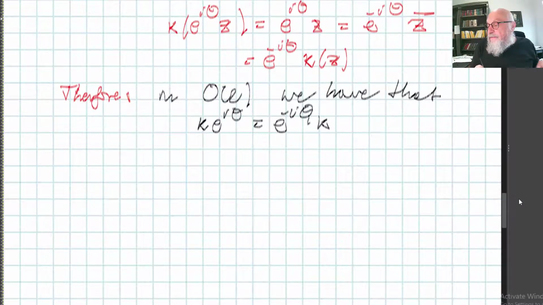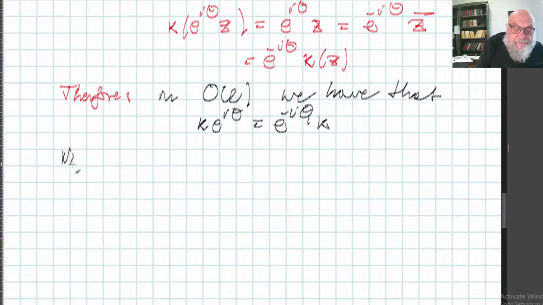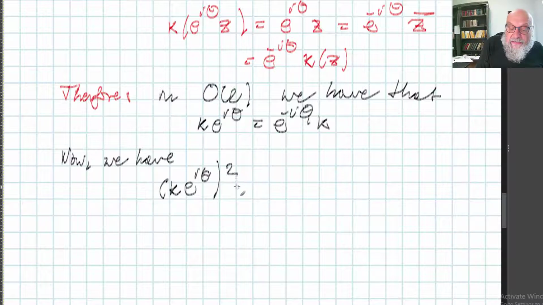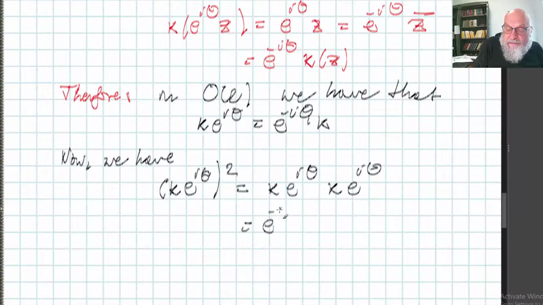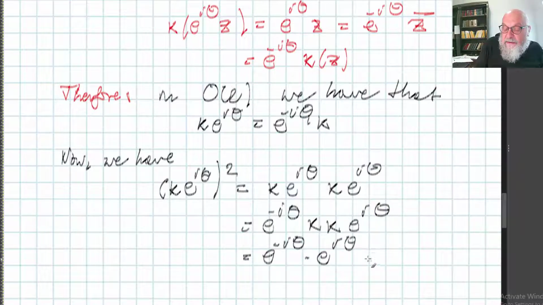Therefore, if you take the square of e^{iθ} kappa, you will get e^{iθ} kappa e^{iθ} kappa, which is equal to e^{-iθ} kappa kappa e^{iθ}, and since kappa and kappa give you identity, this is e^{-iθ} times e^{iθ}, and this gives you 1 again.